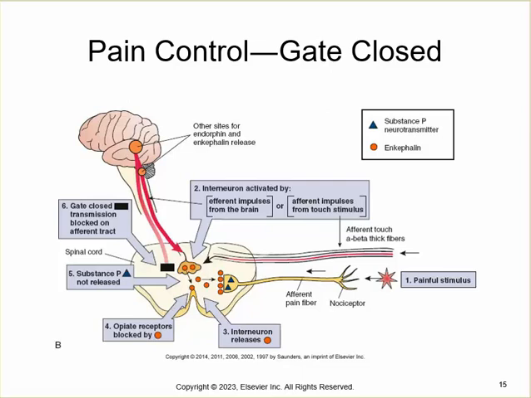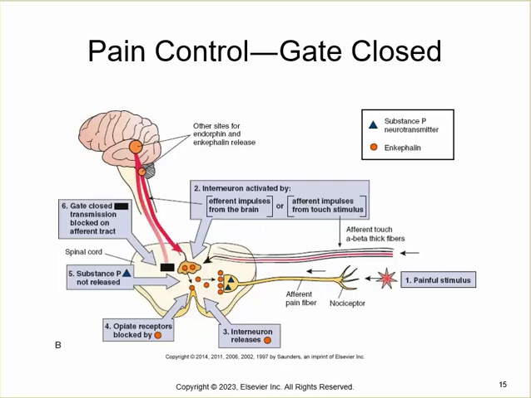And it stops the afferent fiber, the C and the A delta fibers, from releasing substance P. It blocks the release of substance P. So that means the substance P doesn't get to the transmission of the spinothalamic pathways, and you stop perceiving the pain. Make sense?